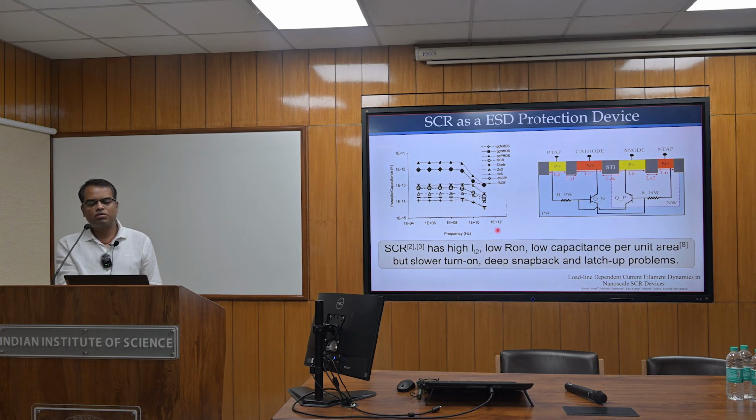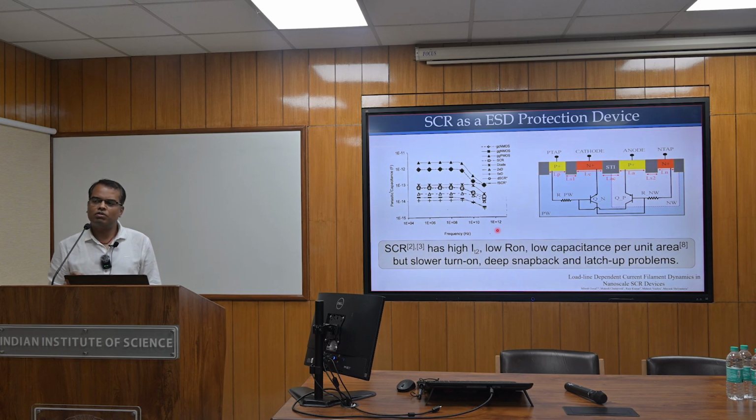But the traditional problems with the SCR are that it has a deep snapback, so by the time it turns on, the damage is done. It has a latch-up problem because it has very good coupling of the parasitic transistors, both the NPN and PNP. The holding voltage is pretty low for the SCR.